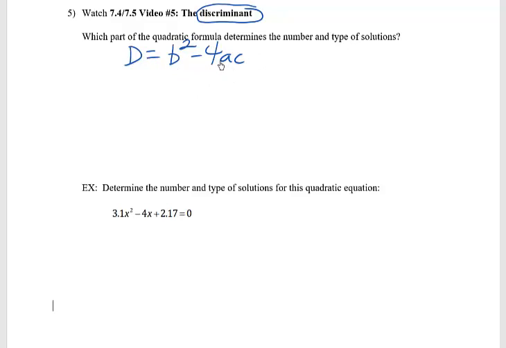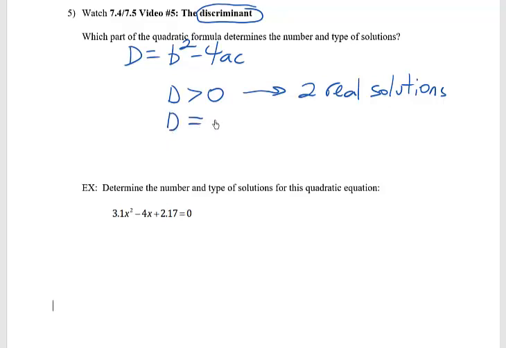And based on those three examples that we did in the last video, we figured out that if the discriminant is positive, if it's just a nice normal number, I think ours was a 20, then you're going to get two real solutions. If, on the other hand, the discriminant came out exactly equal to 0, like the middle example, then that whole plus or minus part went away, and we ended with only one real solution.